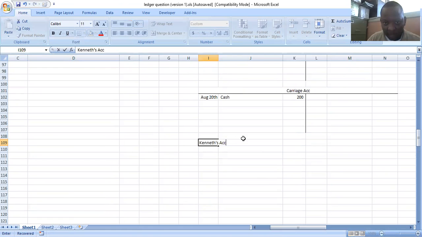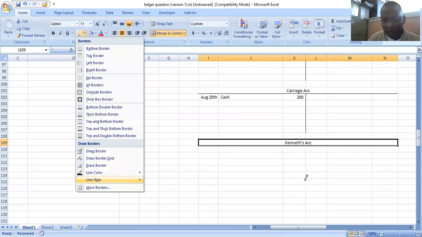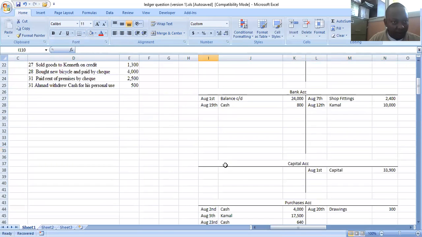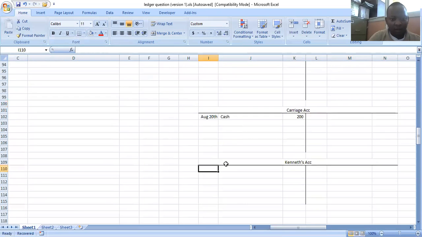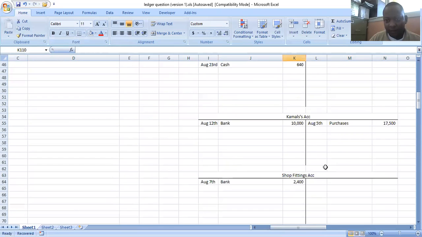So you open Kenneth's account and debit. Kenneth is an asset, so we debit. That is on August 27th. We debit this by sales, and the amount is 1,300.